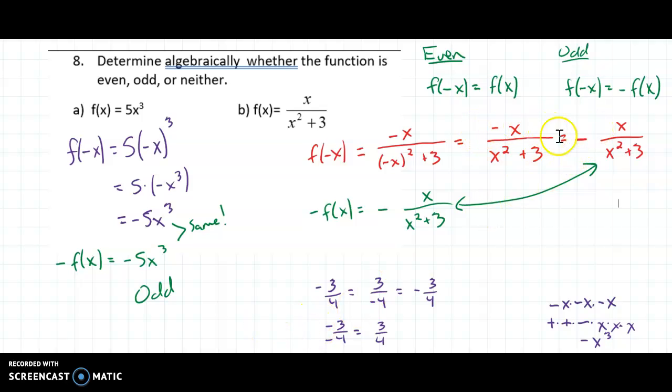Some people will think that this negative applies into both of them, like the distributive property. But notice if I've got a negative in the top and negative in the bottom, they will cancel with each other because there's two of them, negative 3 divided by a negative 4. So that's why I was able to pull this piece out. There you go. Hopefully you're feeling good with even and odds.